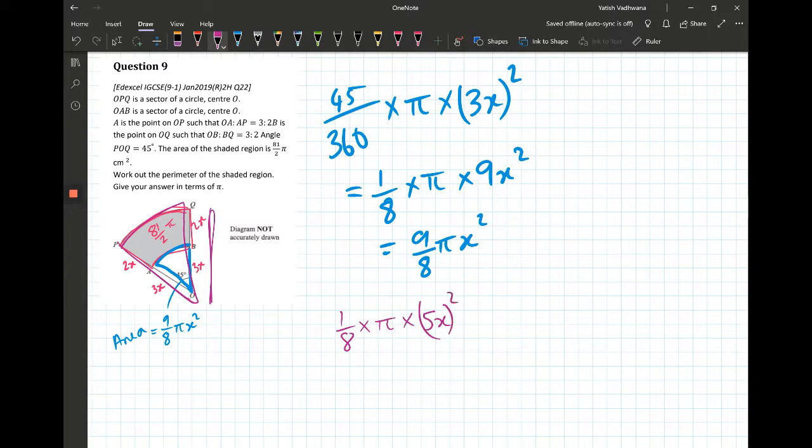That will then give me 1 over 8 times pi times 25x squared, and if I simplify that, that becomes 25 over 8 pi x squared. So that is now the purple area. Let's write that on here, 25 over 8 pi x squared. So let's just tidy this up.